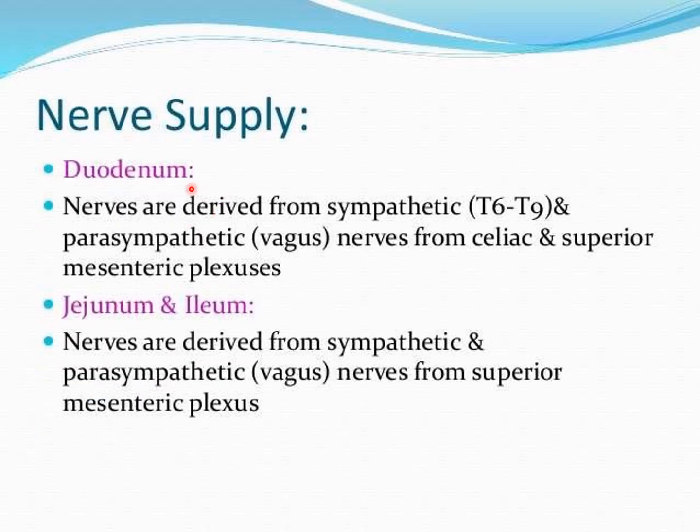The nerve supply of duodenum is derived from sympathetic T6 to T9 and parasympathetic from celiac and superior mesenteric plexus. Nerve supply of jejunum and ileum: the nerves are derived from sympathetic and parasympathetic nerves of superior mesenteric plexus. Here in addition there is supply from celiac plexus.